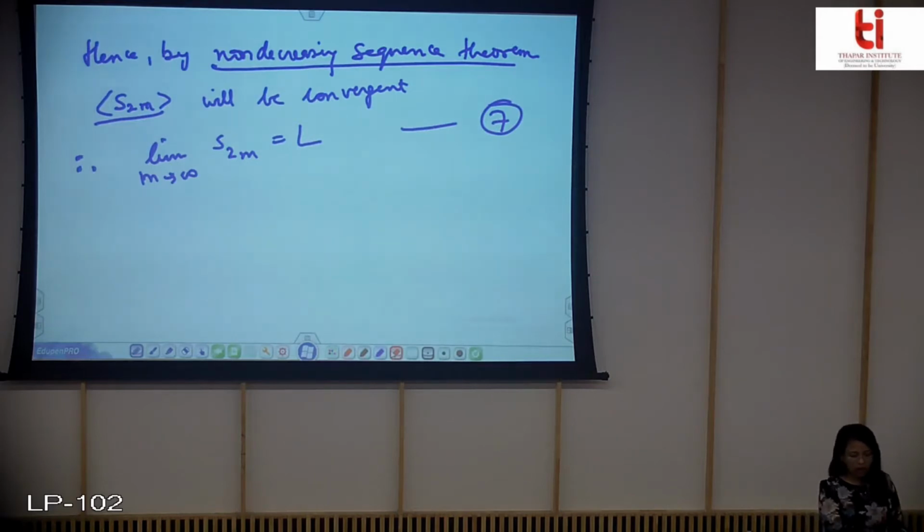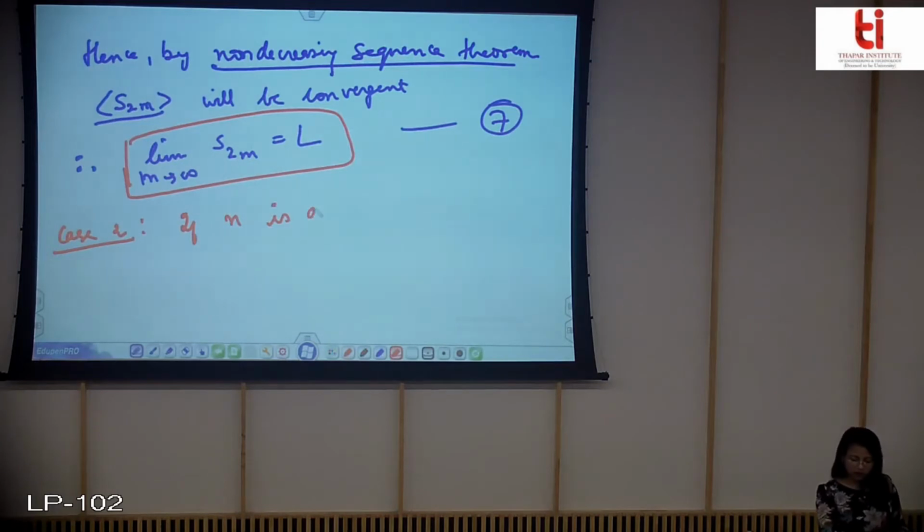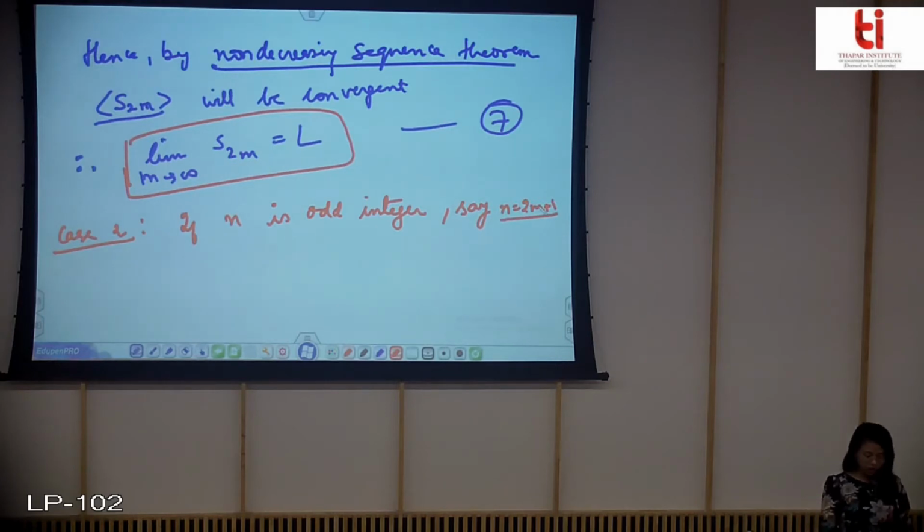7. Now keep this result, and we will discuss case 2. If n is an odd integer, say n equals 2m plus 1, where m is a positive integer.